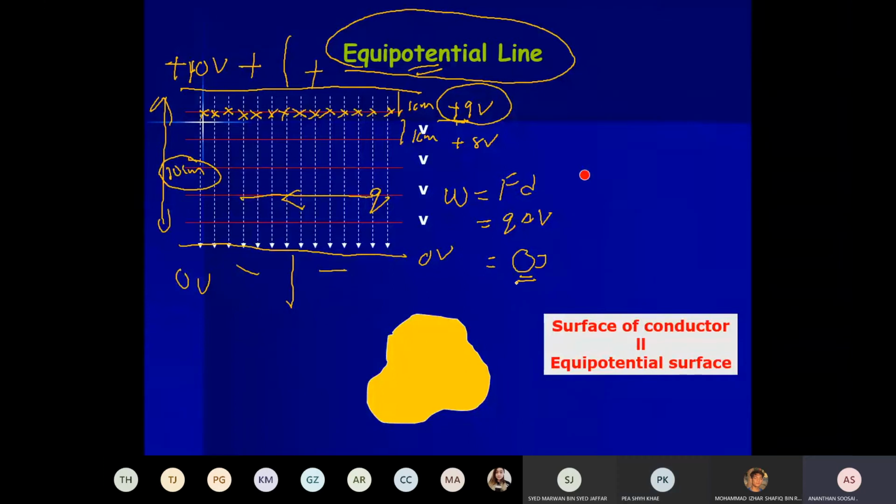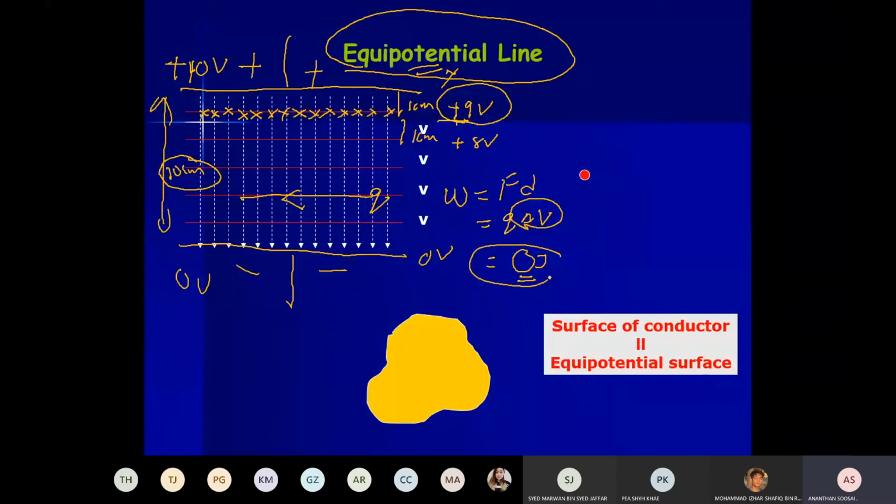No work has been done. If a charge moves along an equipotential line, there is no work done on the charge because there is no change in V. Therefore, does the charge gain kinetic energy or potential energy? You don't gain anything.